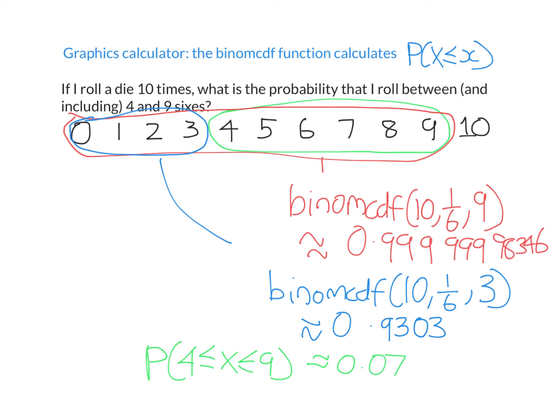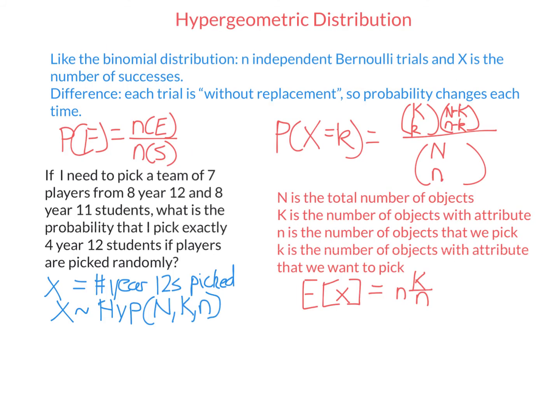All right, let's now move on to another type of distribution that's very close to the binomial distribution. So, the hypergeometric distribution is similar to the binomial distribution in that it's also about the number of successes from n independent Bernoulli trials. The difference is that in the hypergeometric distribution, each trial is performed without replacement.